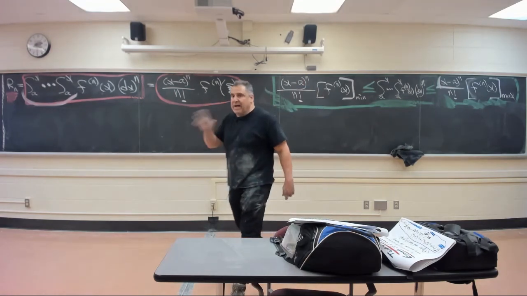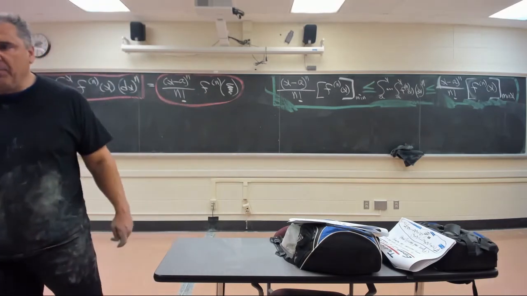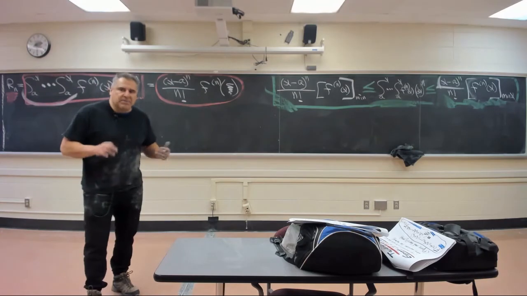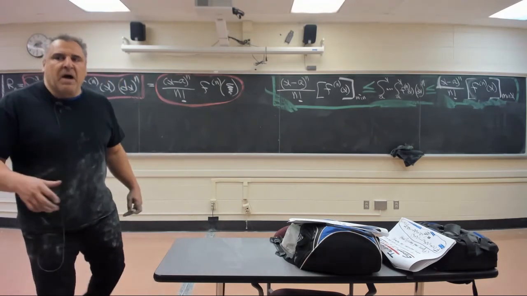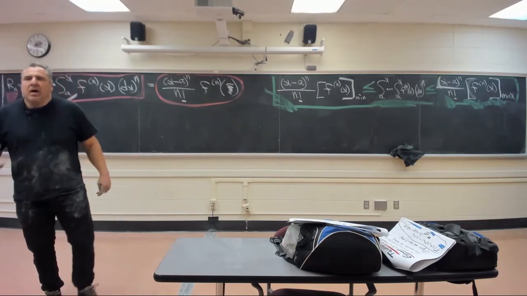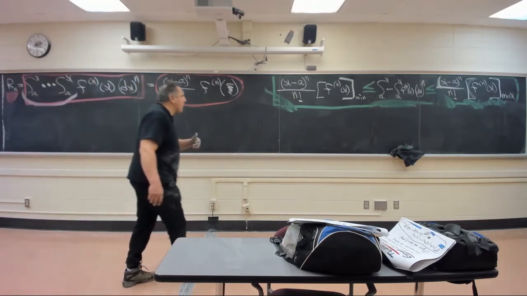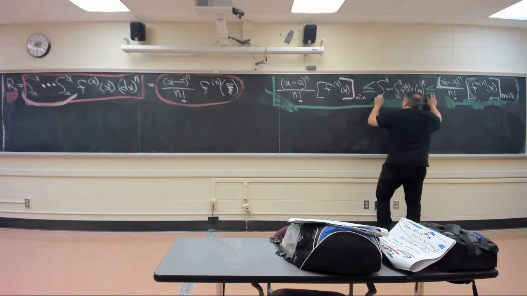If n is an odd exponent and x minus a is a negative number, a negative number taken to an odd power is negative. So if you divide by that quantity, these inequality signs end up flipping around.